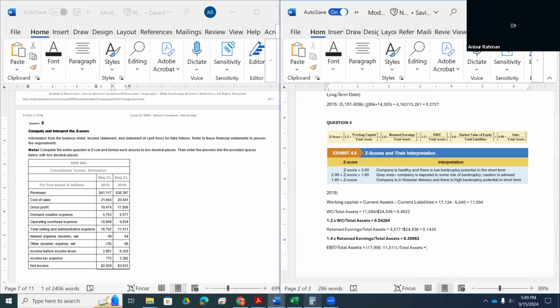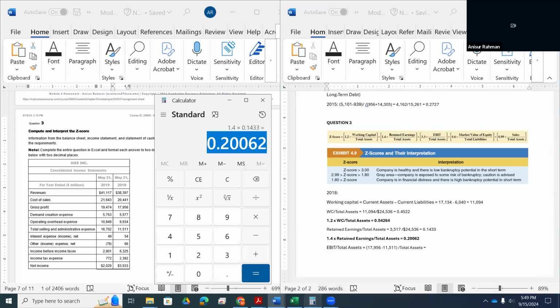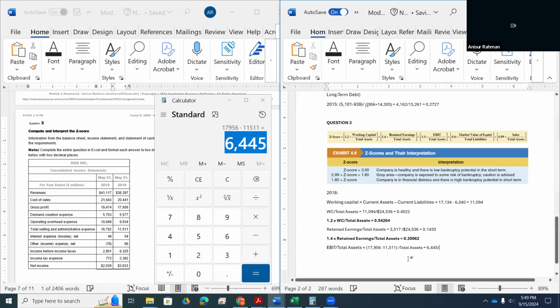So our calculation will be 17,956 minus 11,511 divided by our total assets, which was 24,536.